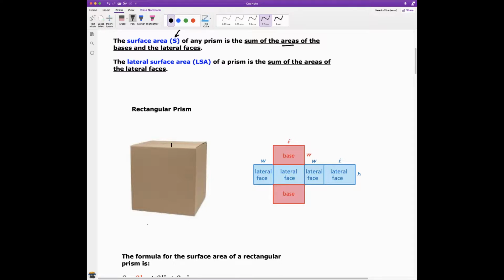If there's one on top, then there's got to be one underneath on the bottom. There's one over here. If there's one over here, then there has to be a face over here that you can't see. And then there's one in front, and there has to be one in the back as well. So a rectangular prism has 6 faces.